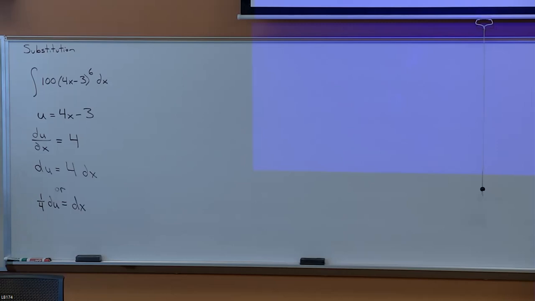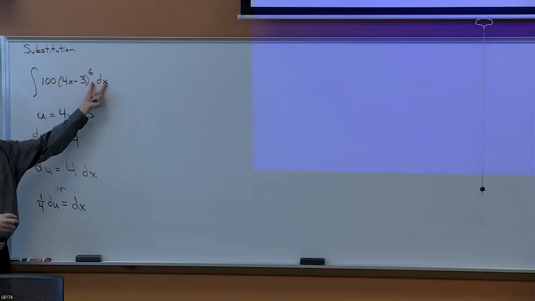Okay. Let's say I wanted to use this one. The du is equal to 4 dx. I have a dx over here. I need a 4 dx. What I could do is pull a factor of 4 from this coefficient and put it with the dx.